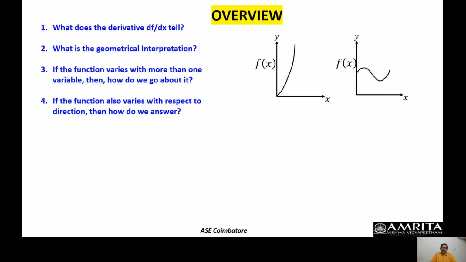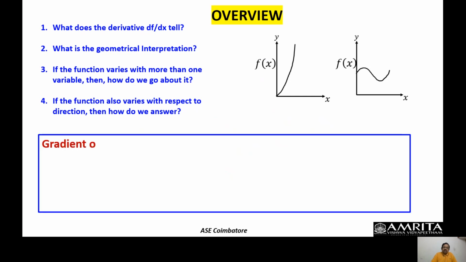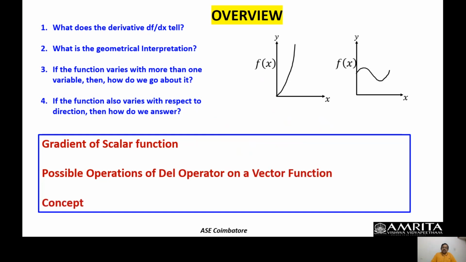Which means not merely the magnitude of variation, but also the direction. How do we answer this question? We will come to that. But for answering this question, we will introduce the concept known as the gradient of a scalar function, and we are going to introduce the del operator also.